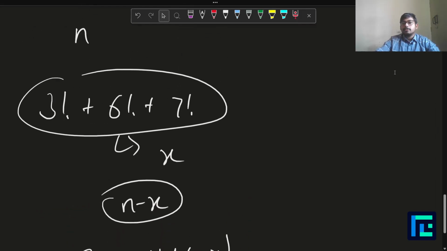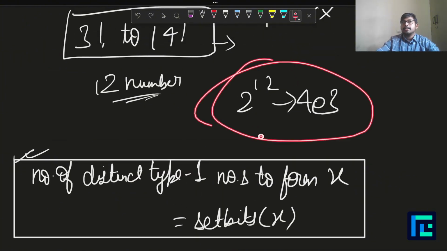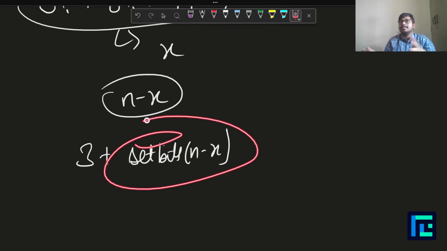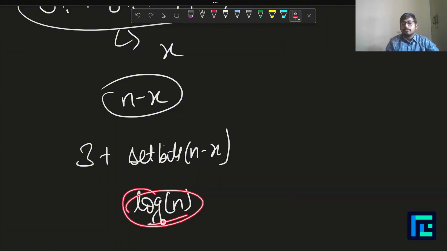So we can just iterate through all of these 2 to the power 12 possibilities, and inside that, for calculating the number of set bits in a number, for 10 to the power 12 there would be approx 40 bits that can be set. So log n would be the time complexity in which we can just go through all the bits and check if they are set or not. Okay, so a number n has total log n bits.